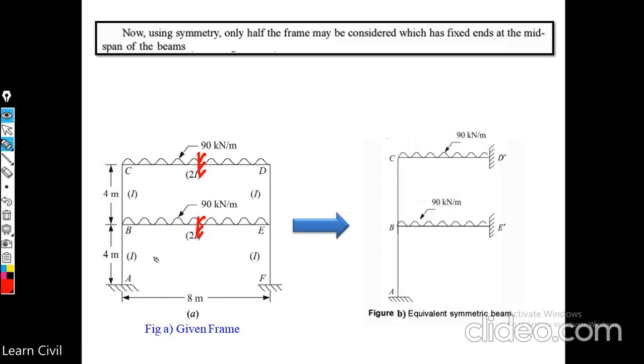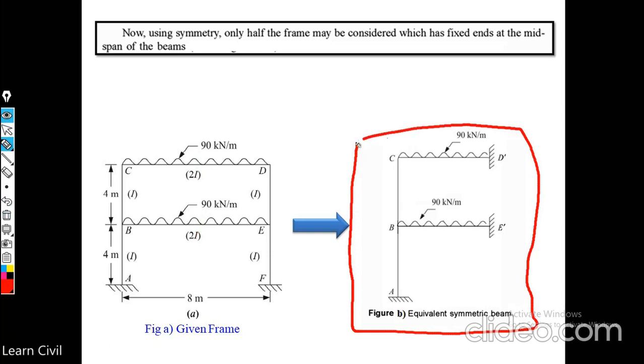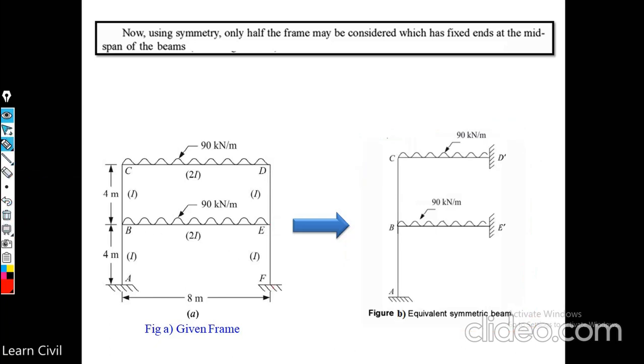We'll now be analyzing this portion of the given frame, and based on the result obtained for this equivalent symmetric frame, we can determine the bending moment for members meeting at joints D, E and F. So this is the equivalent frame which we will be solving.